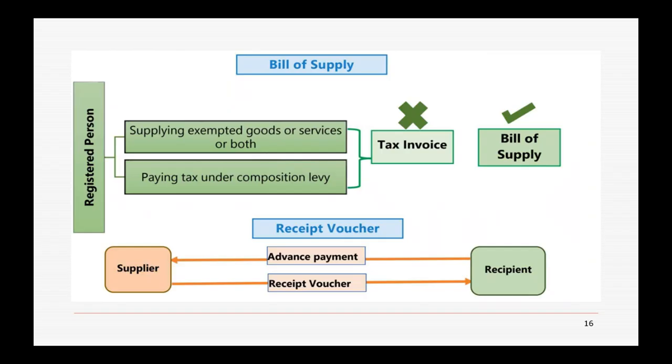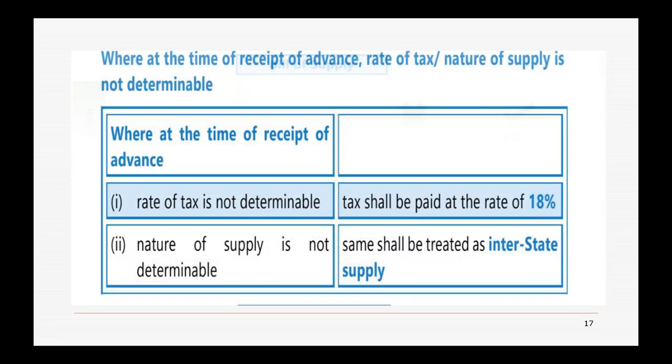So when we raise our bill, we raise it as a bill of supply. Bill of supply means it is not a tax invoice. A tax invoice is where the GST has been charged as a forward charge, but in the case of a bill of supply, the GST has not been charged. In addition, there is a receipt voucher, which we are not going to discuss.